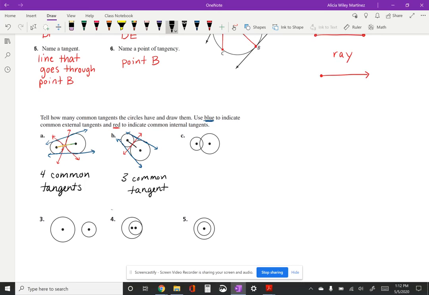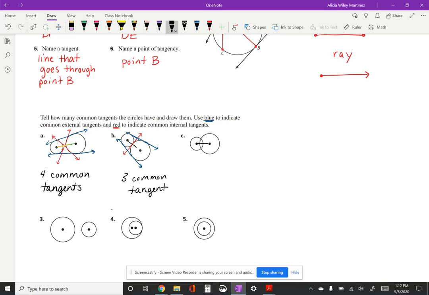In part C, if I connect the centers like this, there you go. One thing about common internal tangents is that they cannot go through the circle, right? So there's no way that I could connect 2 tangents down the middle here to intersect this segment that joins the centers without going through the circle.